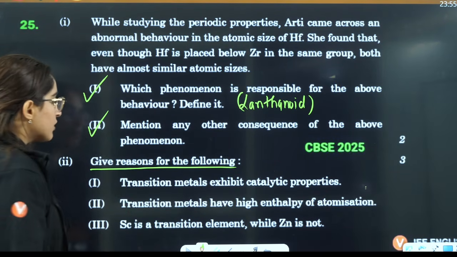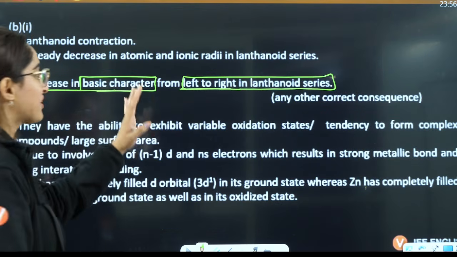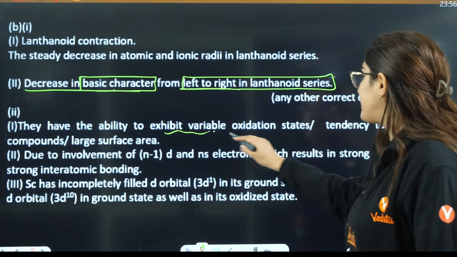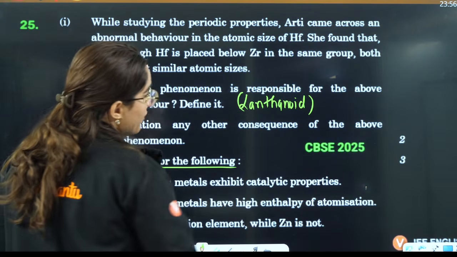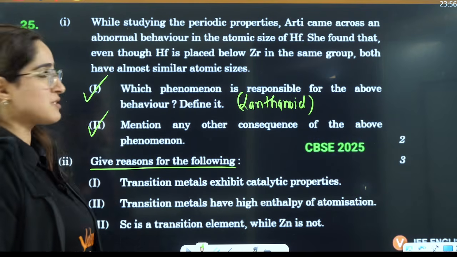Next is, give reasons for the following: transition metals exhibit catalytic property. That we have done like 3-4 times, the same thing. Fifth time we are doing this. They exhibit variable oxidation states and a tendency to form complexes. Again, this is a 2025 question that was also asked in 3-4 more years, right?